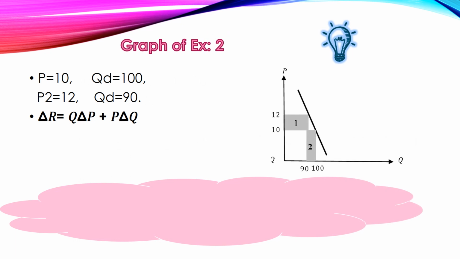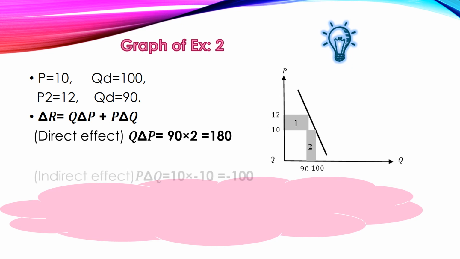On the graph, quantity demanded changes from 100 to 90, and the price changes from 10 to 12. The direct effect is represented here in the first area. Quantity, which is 90, multiplied by change in price, 12 minus 10, which equals 2. 90 multiplied by 2 equals 180.